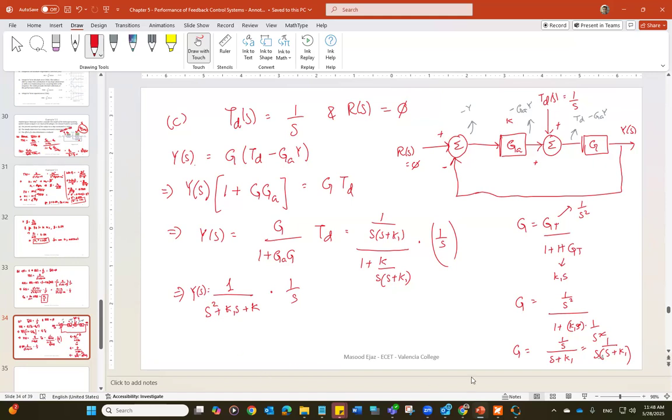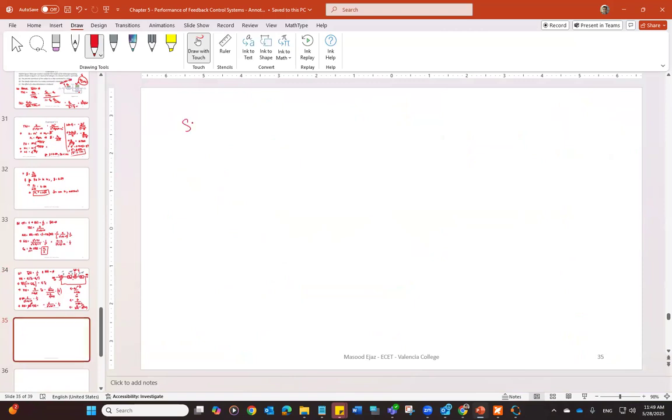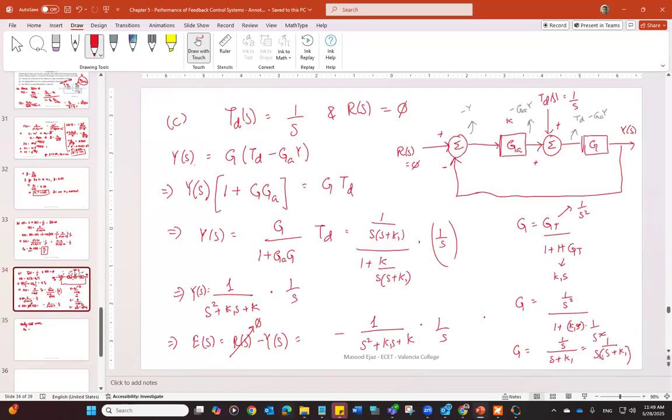Okay, so my error signal, which is RS minus YS, as we discussed, since RS is 0, will simply be negative 1 over S squared plus K1S plus K times 1 over S. And from that, my steady state error E steady state will be equal to, using final value theorem, of course, S times ES, limit S tends to 0.